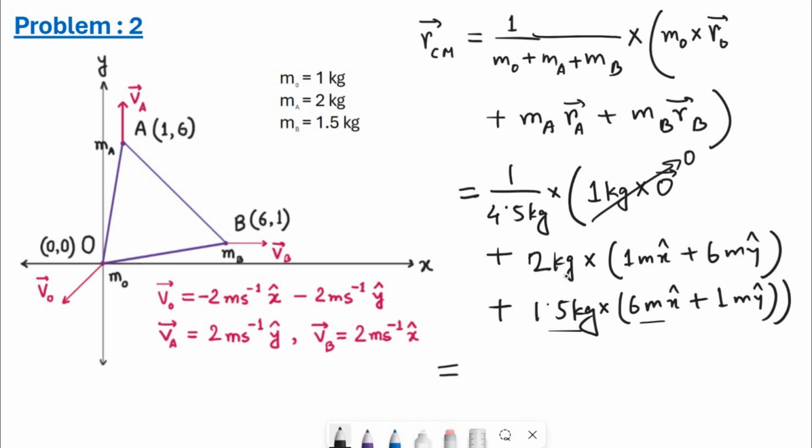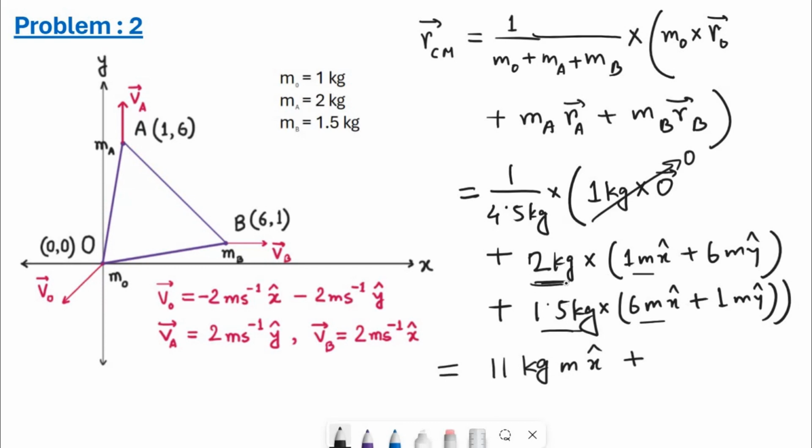So the first term yields 0. The second term, so let's just collect the x component. We have 2 kilogram times 1, so that's 2, and 1.5 times 6 meter, that would be simply 9 kilogram meter. So 2 plus 9, that's 11, right? Kilogram meter, x hat. And what about the other?